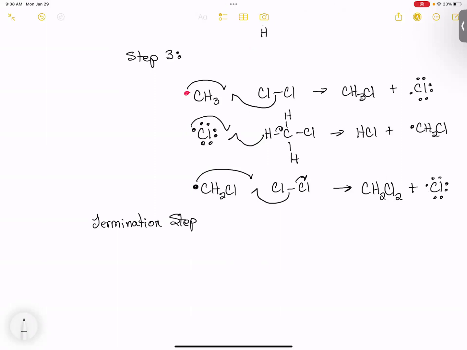The termination step could be that two chlorine free radicals come back together to make Cl2. If you don't have a free radical, the reaction's not going to continue.